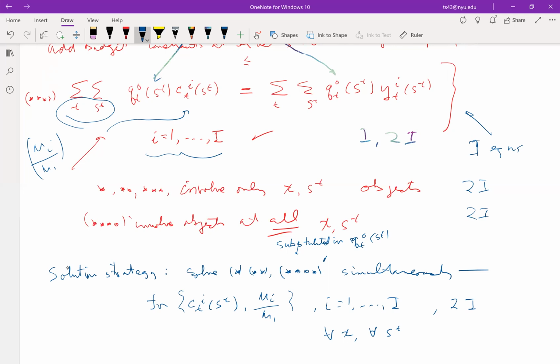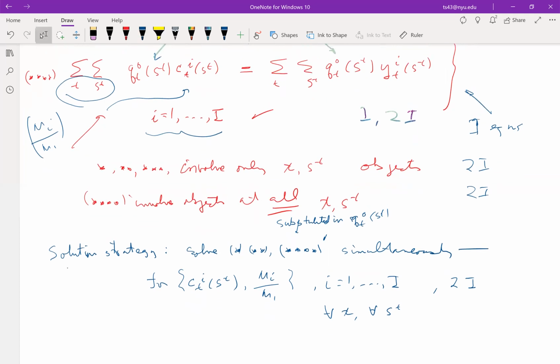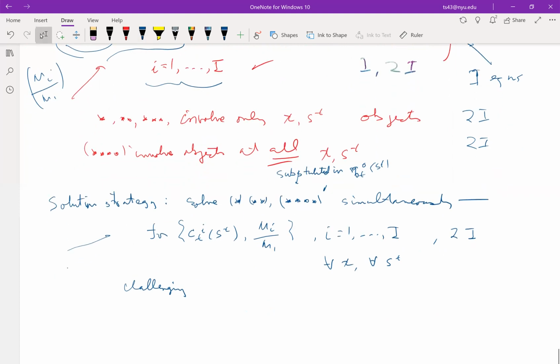So solving these all simultaneously is challenging. This strategy in principle could work, and I'm not done yet. Then use star, star, star to back out the q's for all t, for all s^t. So we're computing a huge number of prices.